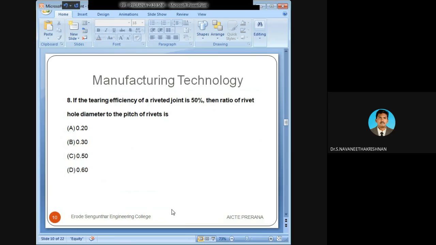If the tearing efficiency of a riveted joint is 50 percent, then the ratio of rivet hole diameter to the pitch of rivet is? Answer A is 0.2. Answer B is 0.3. Answer C is 0.5. Answer D is 0.6. The correct answer is, tell me the answer.